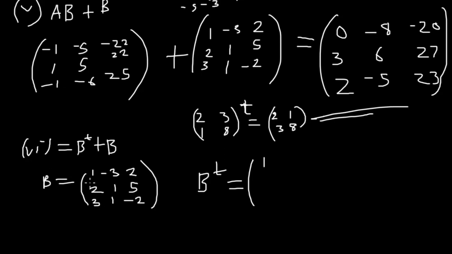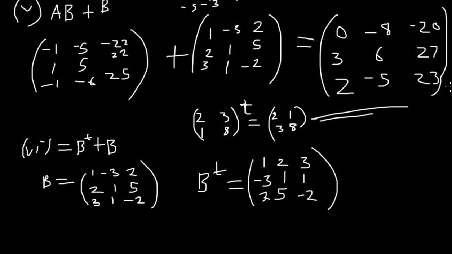So the first row here, you will write it there, 1. This 1 does not change, you leave it the way it is. And then followed by negative 3, and then 2 there. Second row, you put it in the second column: 2, 1, 5. Then the third row, third column: 3, 1, negative 2.